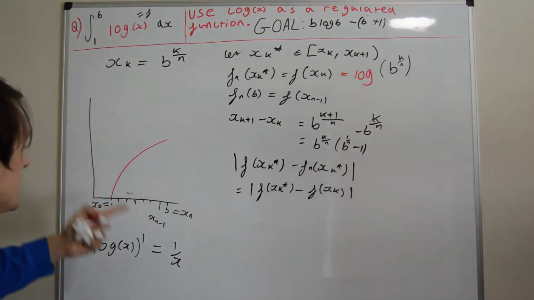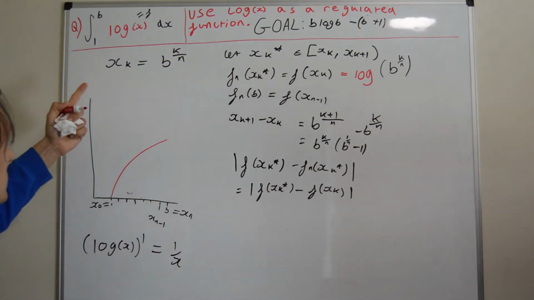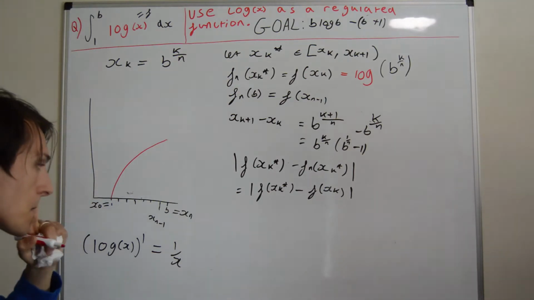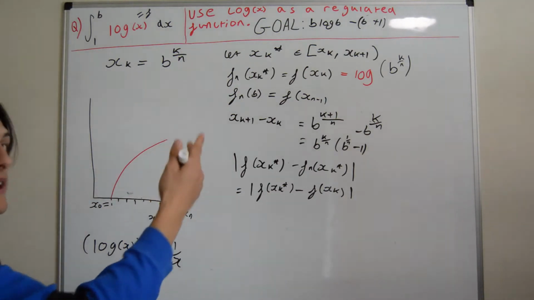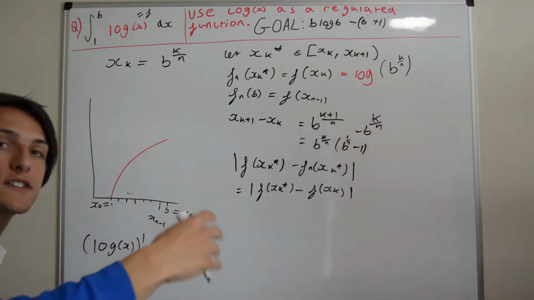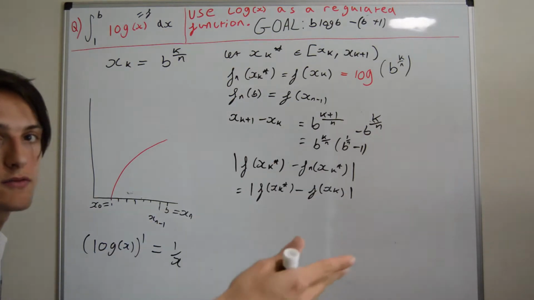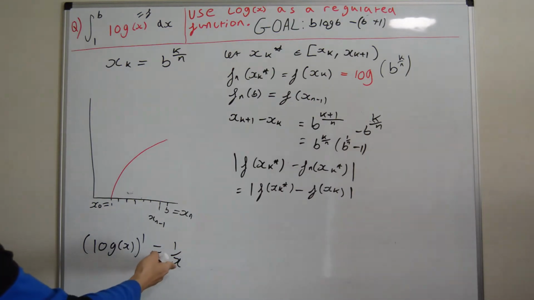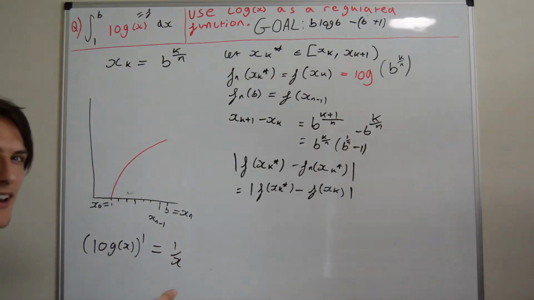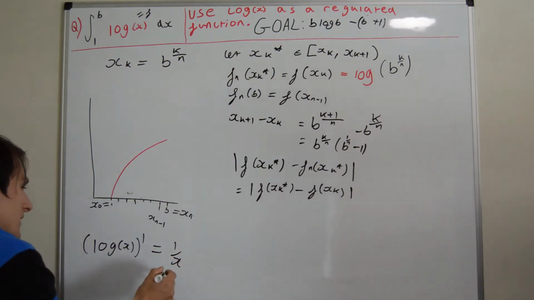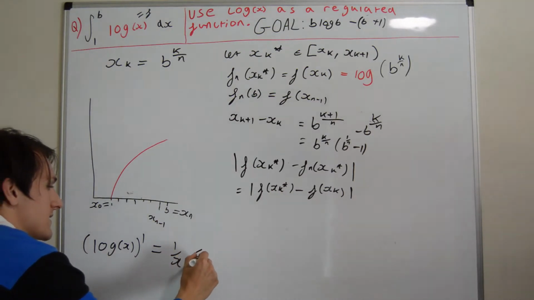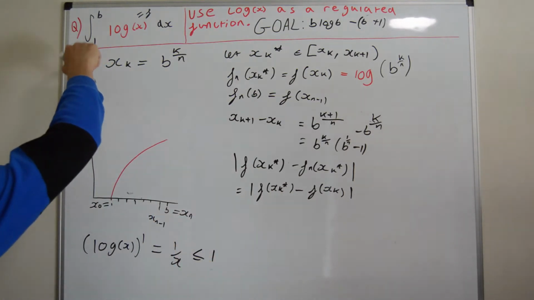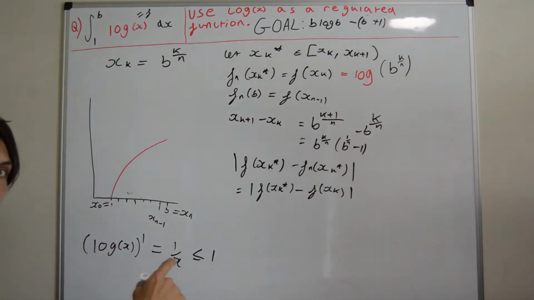It takes a maximum of 1, because when x is b, then 1 over b is going to be relatively small, and when x is 1, well, 1 over 1 is as big as 1 over x can get. That was probably a terrible explanation, but this is less than or equal to 1 in this interval. So it's Lipschitz with Lipschitz constant 1.